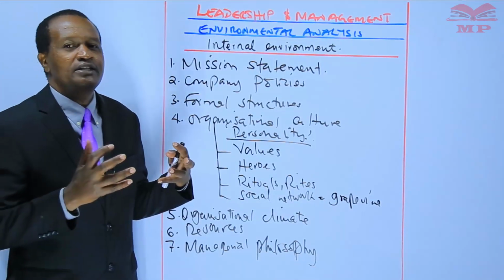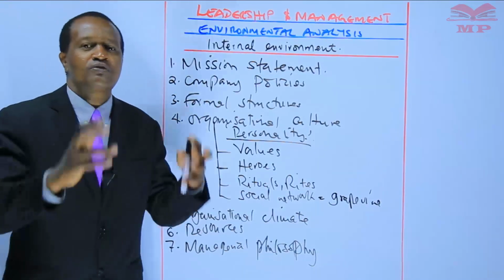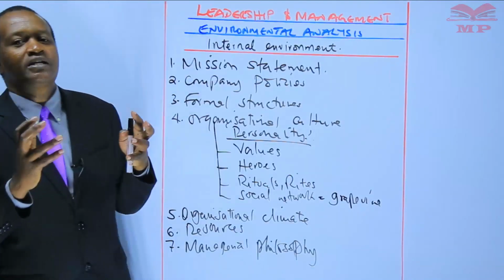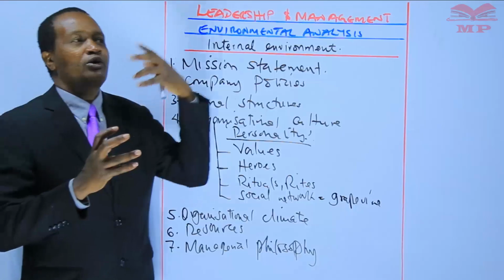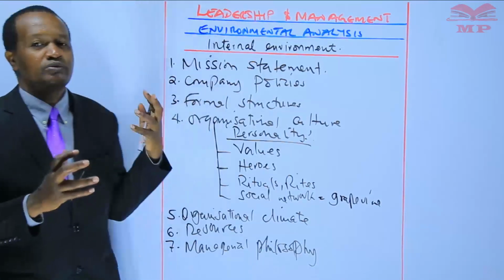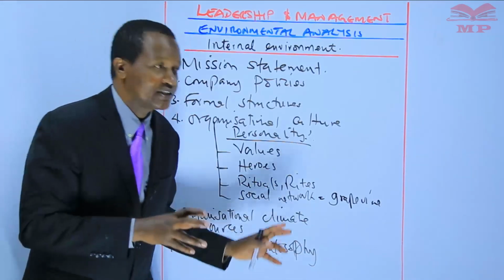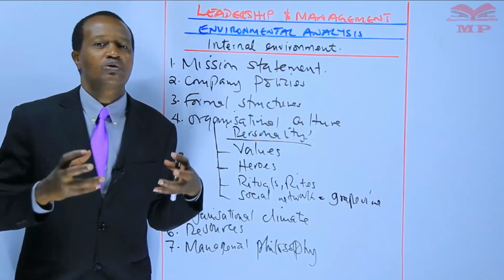All right? It is just a personal belief. Philosophy is a personal belief. Managerial philosophy is a personal belief that a manager has in regard to people, about work, and so on.